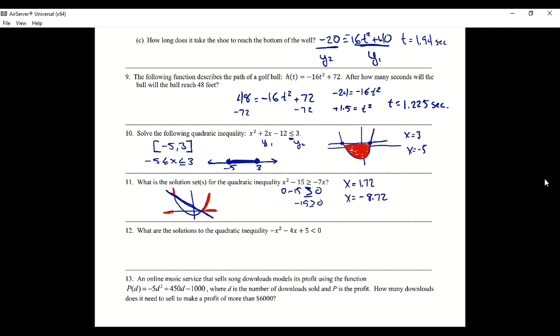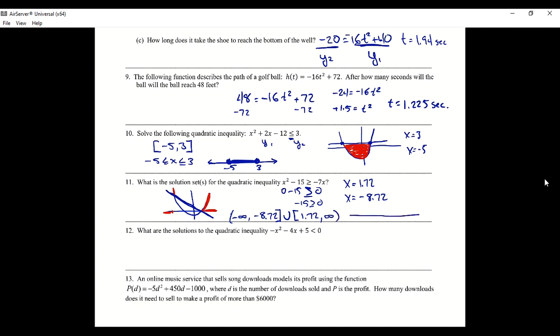So for the inequality, and since it's equal to, again, we're going to use brackets. So negative infinity with the parenthesis to negative 8.72 bracket, union, bracket 1.72 to infinity.